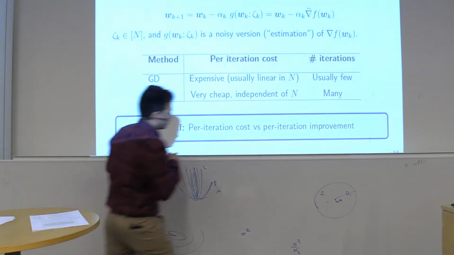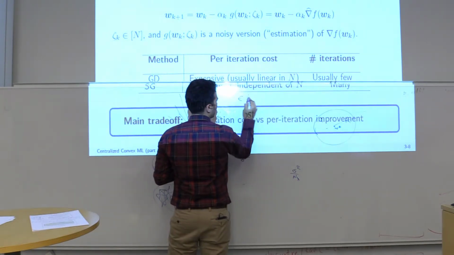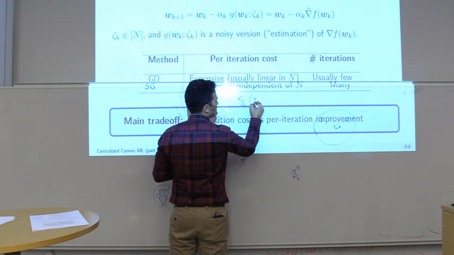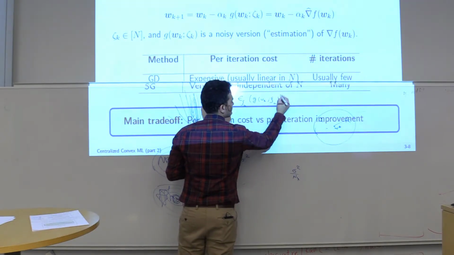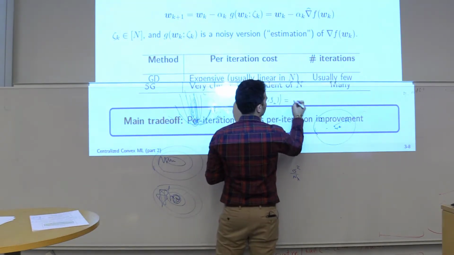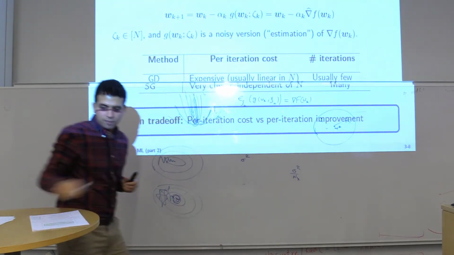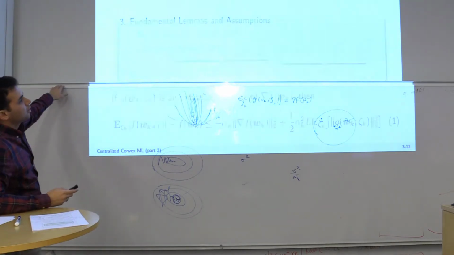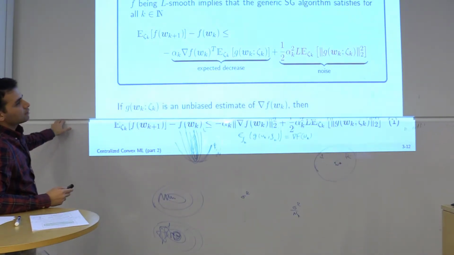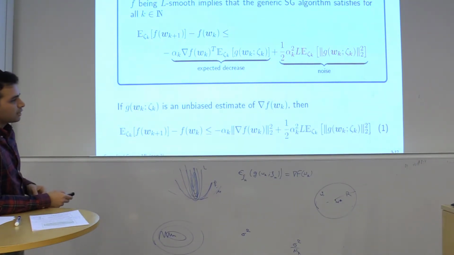It means that the expectation over zeta k of G of wk and zeta k is equal to the gradient of f evaluated at wk. If that holds, so we have an unbiased estimator, then just replace this guy with the actual gradient, because this is an unbiased estimator, right?